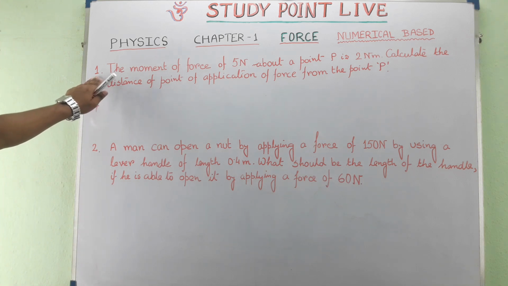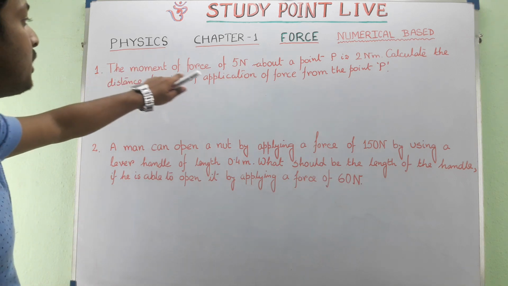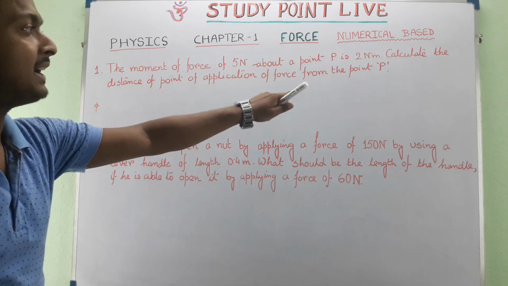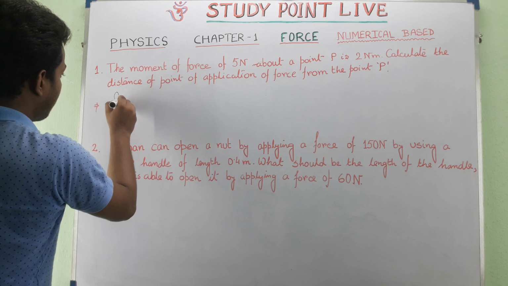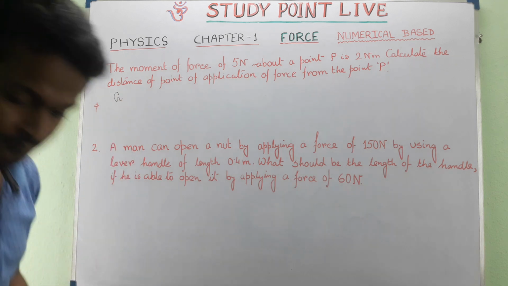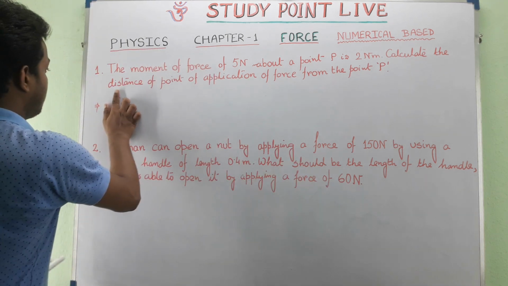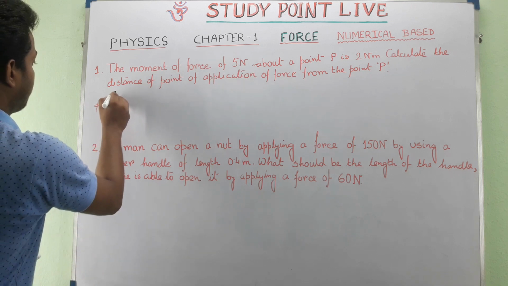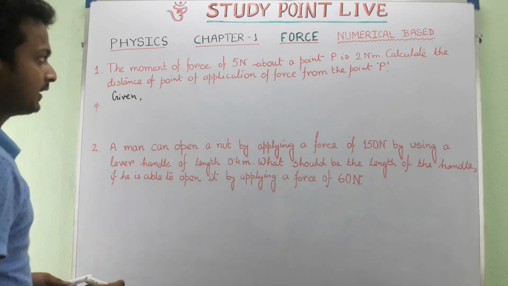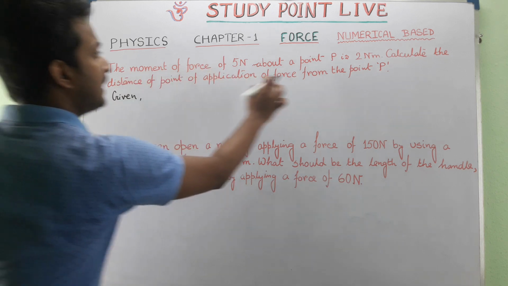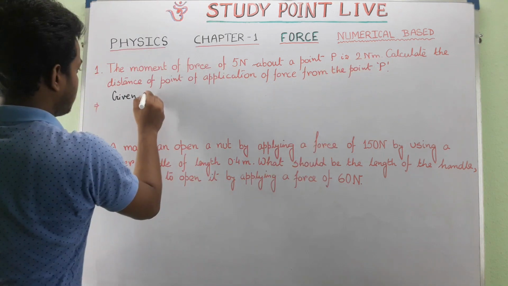See, the first question here: the moment of force of 5 Newton about a point P is 2 Newton meter. First, what we have to do? We have to write the given things.